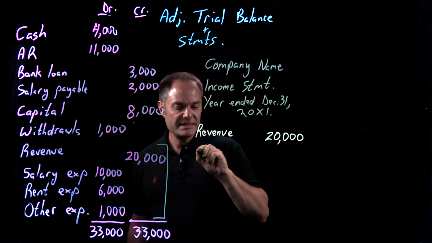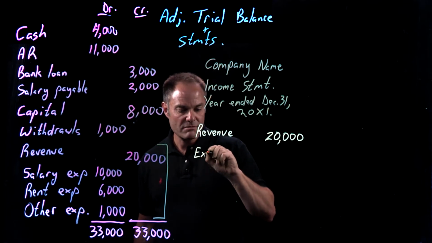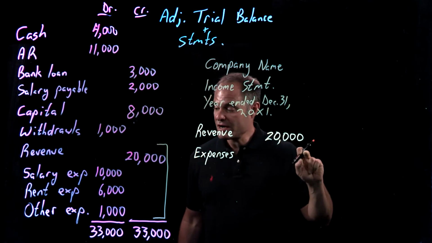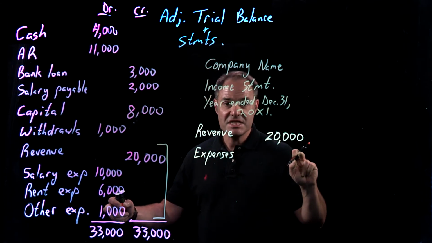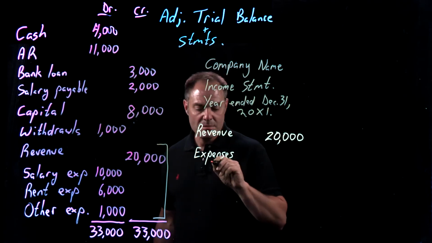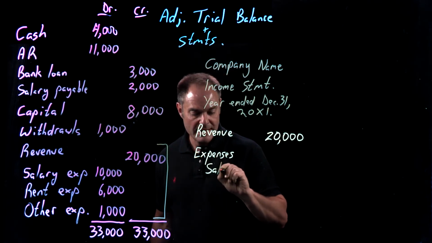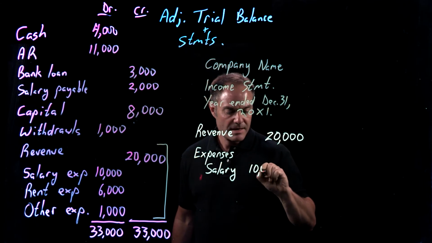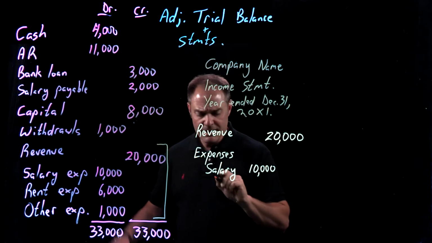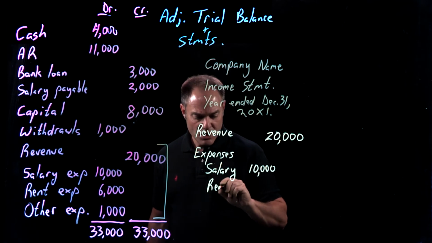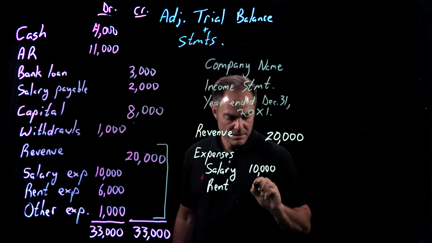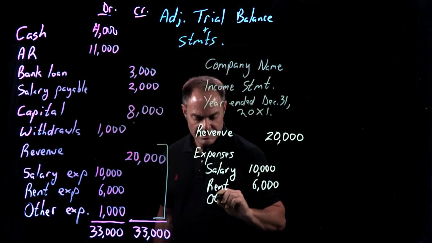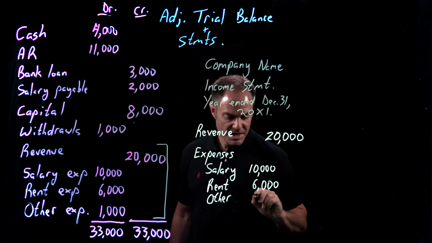Then we have our expenses. So I'll write expenses. We could report the entire value of the expenses, which is $17,000, or we can list them off. I'm going to list them off. So we have salary, $10,000. And notice it's really just a copying exercise. $6,000 for rent, and other expenses, $1,000.